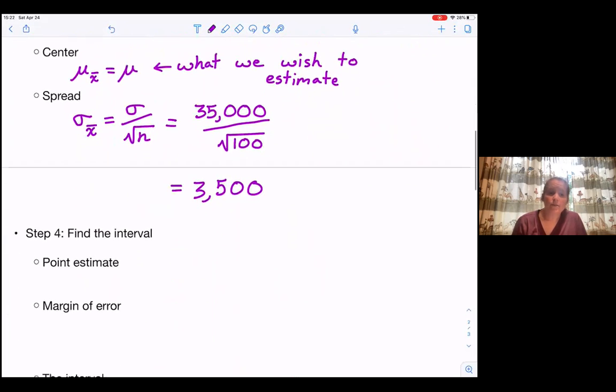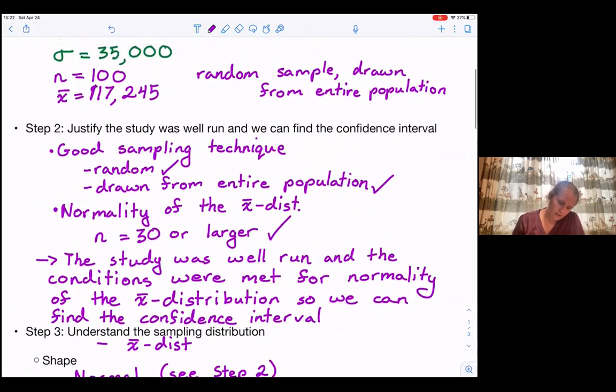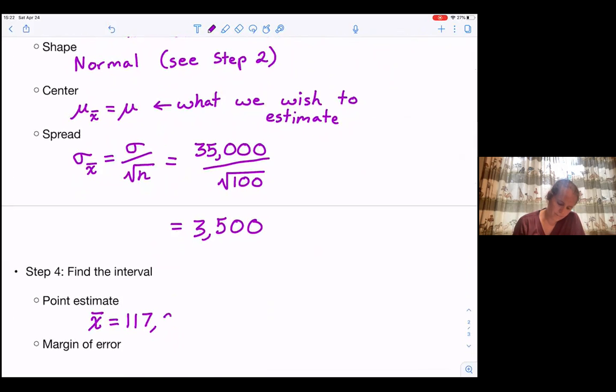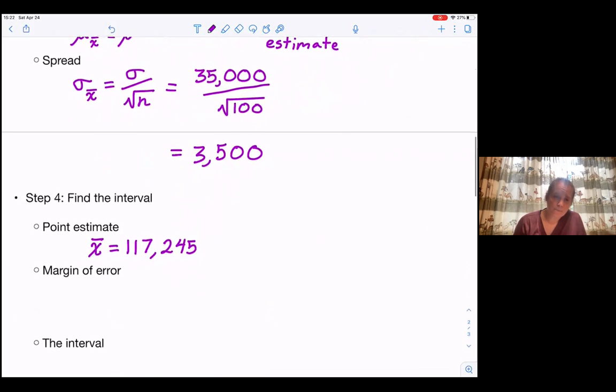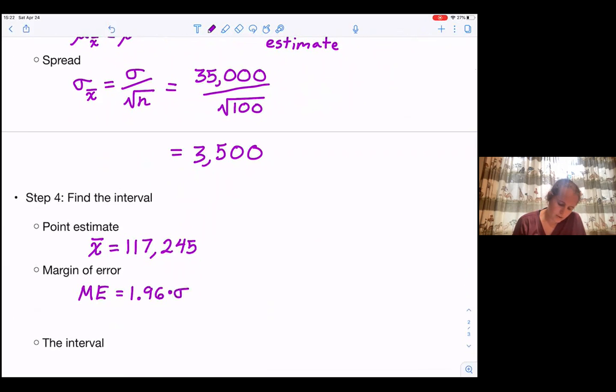From here, we find our interval. So we have our point estimate. The point estimate is our sample statistic. In this case, x bar is 117,245. Our margin of error: we are doing 95% confidence, so we use 1.96 times our sigma sub x bar.